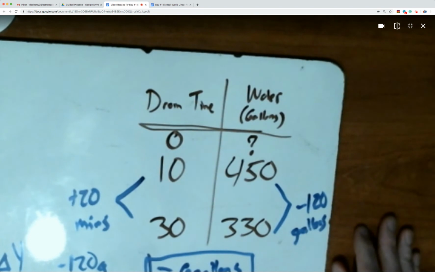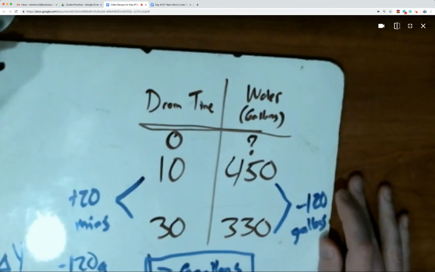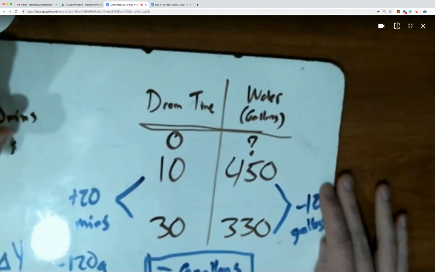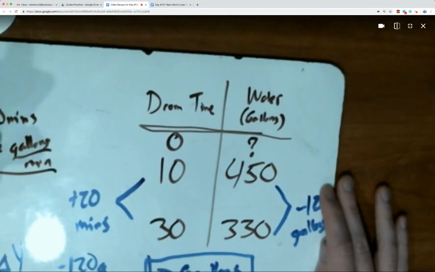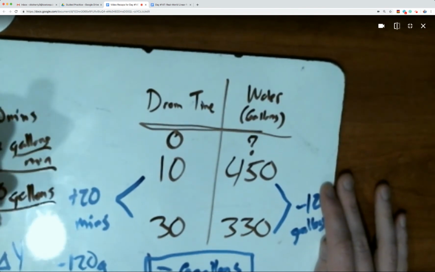And I know that this is losing 6 gallons every minute. So 10 minutes in, we would have lost 60 gallons. 10 minutes times 6 gallons per minute. We're doing 60 gallons every 10 minutes.